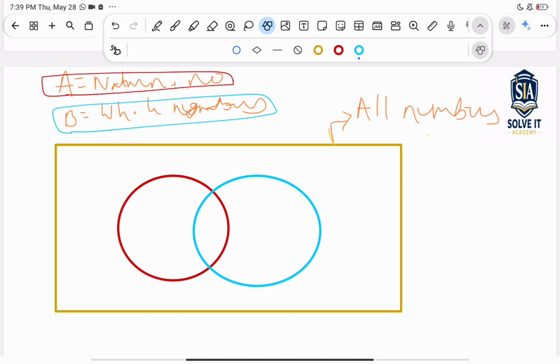This is A in red and this is B in blue. This is all natural numbers and this is all whole numbers. And this is all numbers. All numbers includes everything.